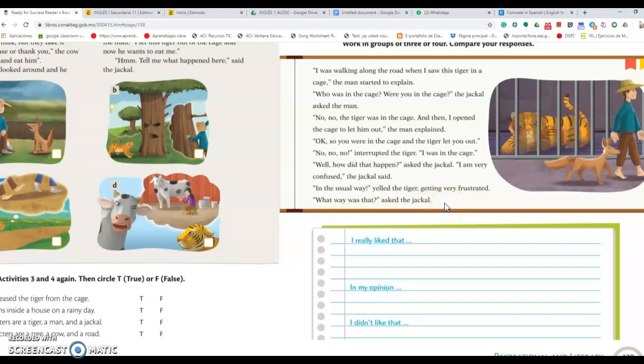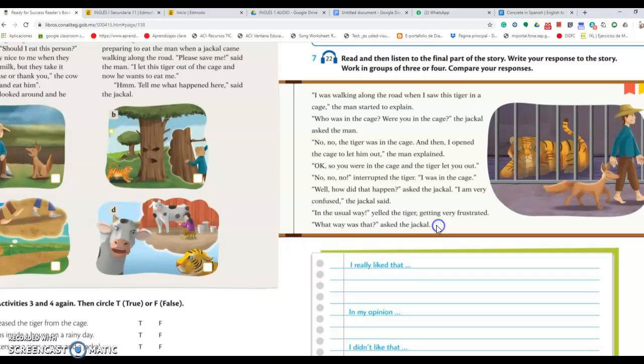Very good. So, in the last activity, I would like you to complete these 3 statements. What did you like about the story? I really like that. And write your own ideas. In my opinion, I think this is a very good story because it shows you how to, and so on.